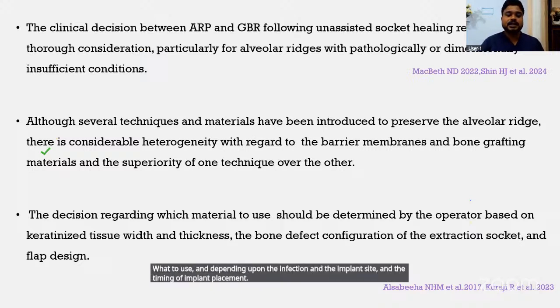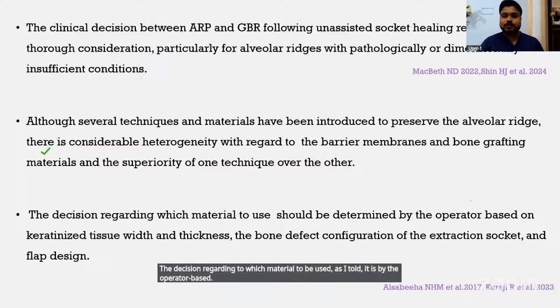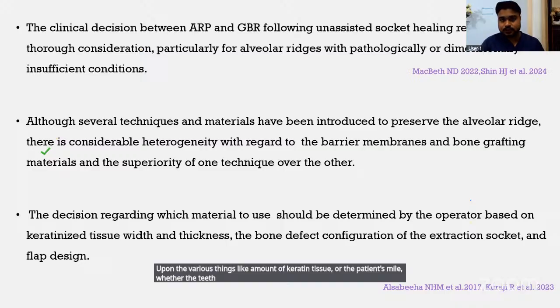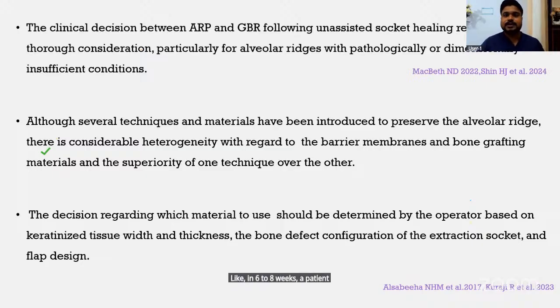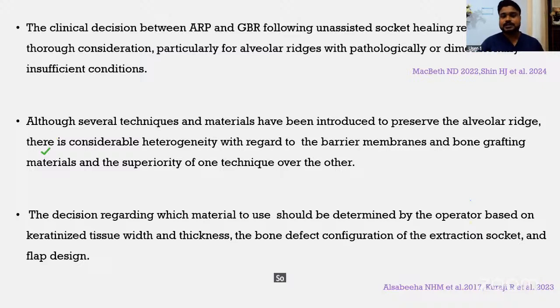The decision regarding which material to be used, as I told, is by the operator based upon various things like the amount of keratinized tissue, the patient's smile, whether the tooth is in the aesthetic zone, whether the patient wants an implant in 6 to 8 weeks or can wait longer, the patient's medical history, and overall oral health, like the patient's periodontal health status. So these all should be considered for going for alveolar ridge preservation.